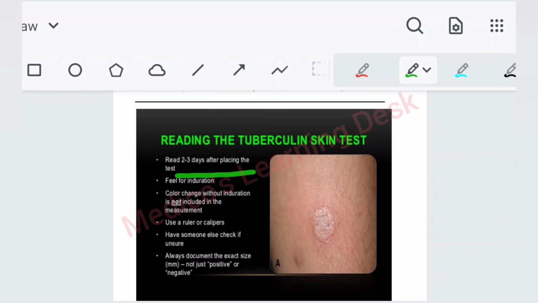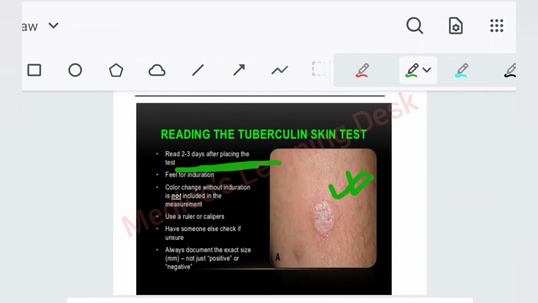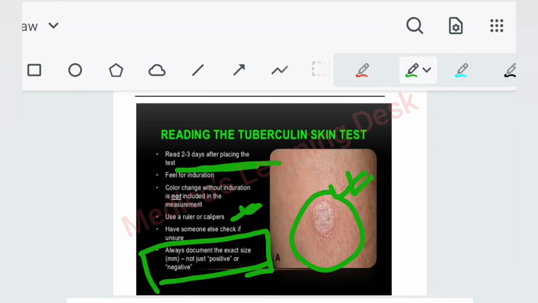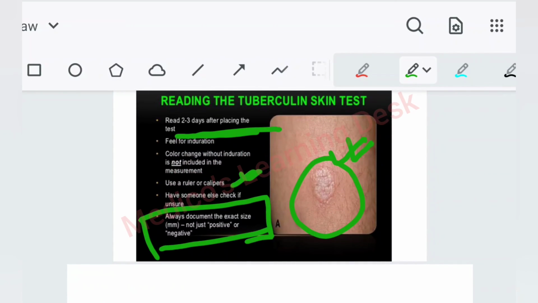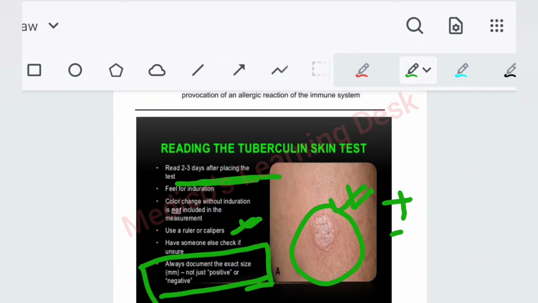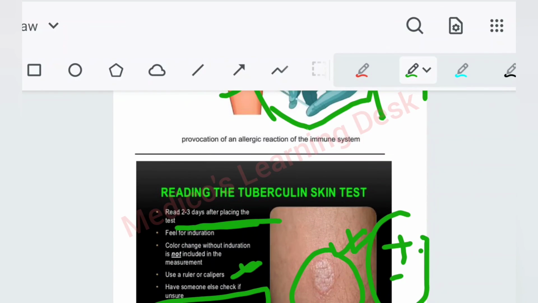After 2 to 3 days we will check for any induration. Here induration will happen, and it is measured using calipers to note the exact size. Okay, so according to that size we say it is positive or negative. So it will be read after 2 to 3 days. Why so?